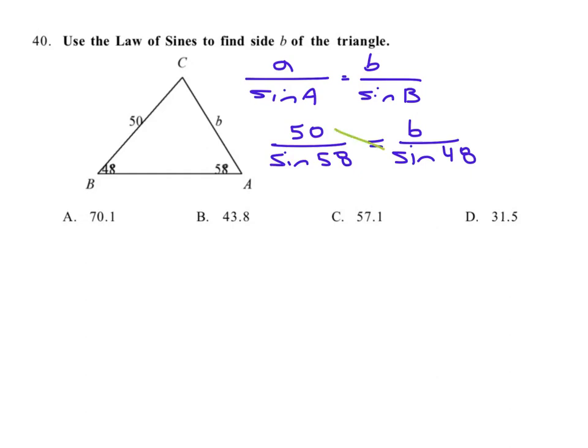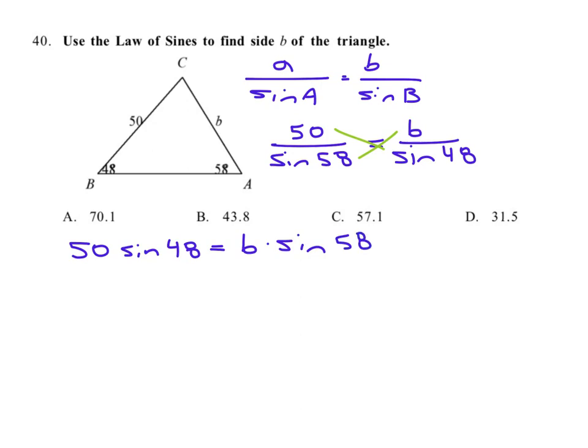essentially. Right? We're going to say this times this, 50 times sine of 48, is equal to this times this, b times the sine of 58.